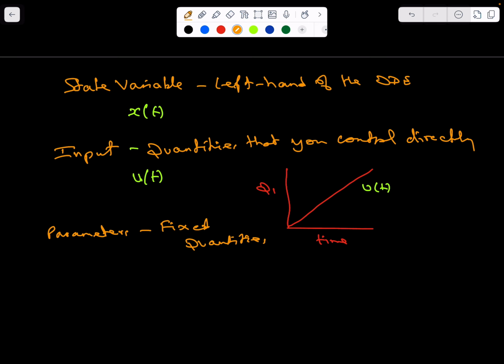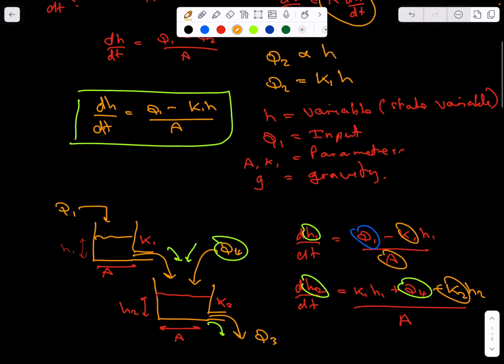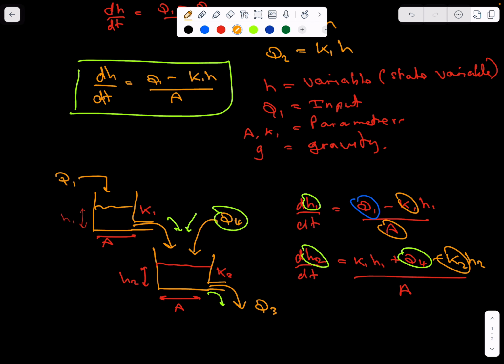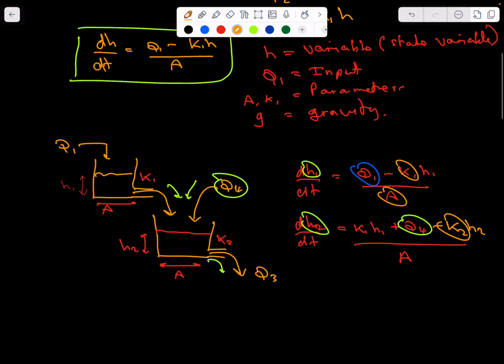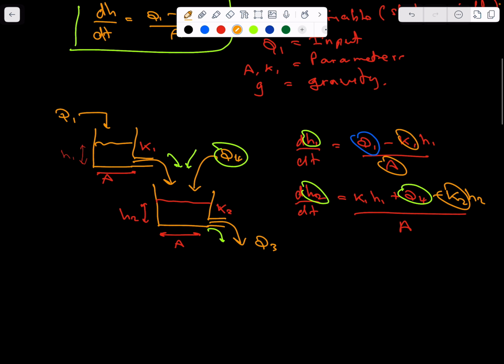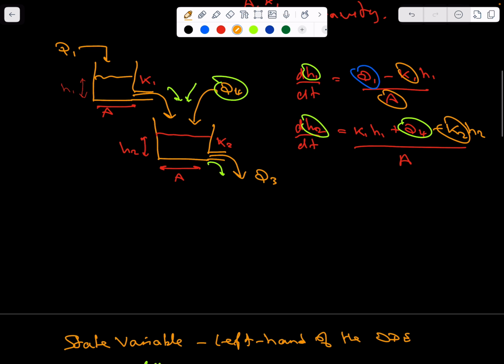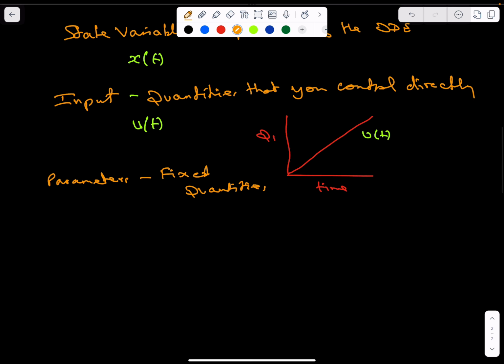For example, in the tank model, I'm not going to bother having lots of tanks with different cross-sectional areas. That might be too expensive and so on. But I could imagine changing K1 perhaps if there was a tap on the end there. I could turn the tap and change the diameter of that outflow. In that sense, I could change K1. But if I'm not changing it, it gets relegated to a parameter.